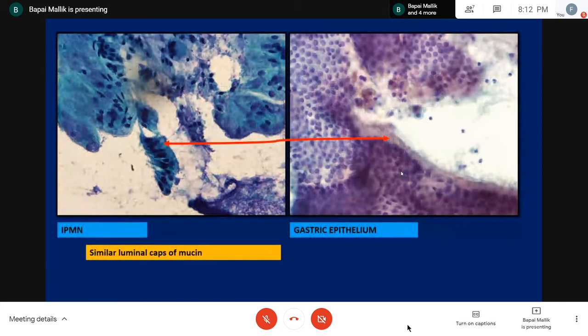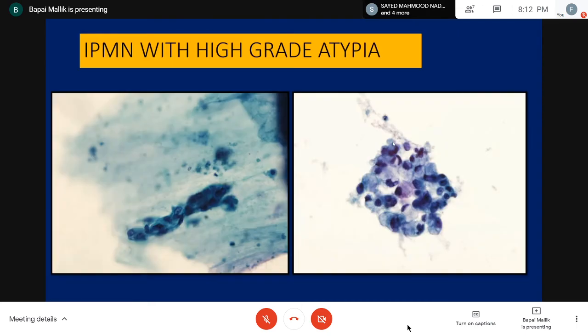And look at this: mucin cap here in IPMN and the mucin cap in the normal gastric epithelium, right? Sometimes you can even have a mixture of patterns. This is an IPMN. You usually follow the same criteria with high-grade atypia, with irregular hyperchromatic nuclei, and architectural and polarity-related abnormalities.